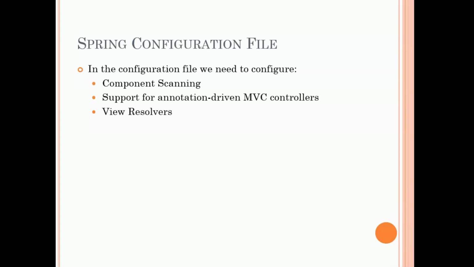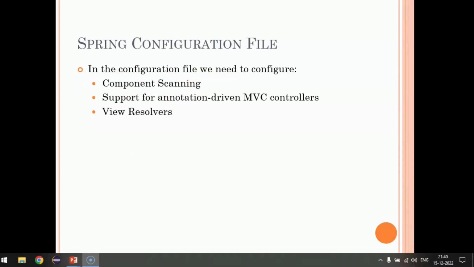So component scanning is the place where we mention that these are the packages where you need to look for Spring components, whether it could be controller, service, or your entity. So any sort of autowired component you want to find, or that Spring wants to find, this is where the Spring container will look for it. So that's one thing that you need to configure, that is the component scanning.